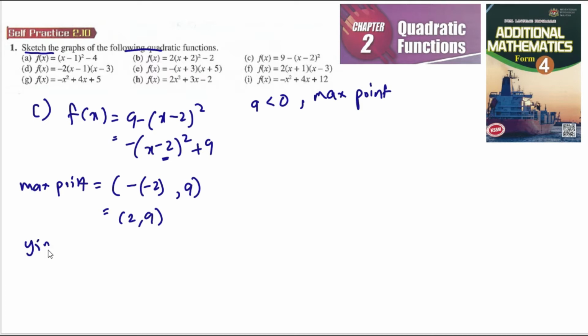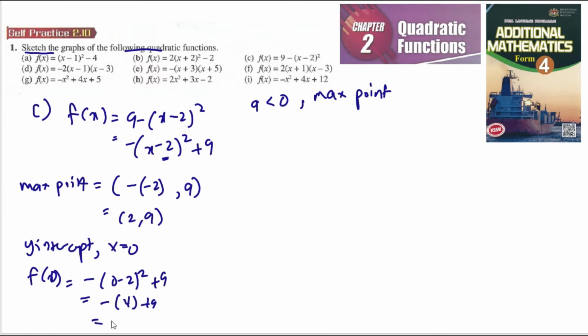So the y-intercept is when x is equal to 0. So f(x) is equal to, when x is equal to 0, negative (0 minus 2) squared plus 9, which is equal to negative 2 squared is 4, plus 9. 9 minus 4 is equal to 5. So now, in intercept form, f(x) is equal to negative (x minus 2) squared plus 9.